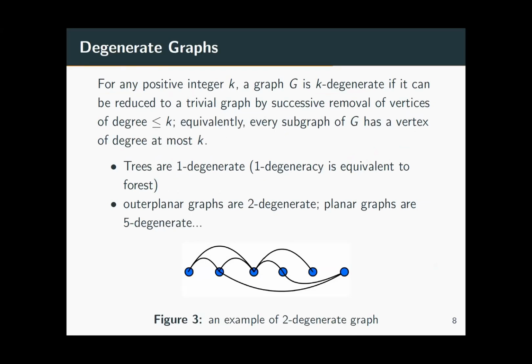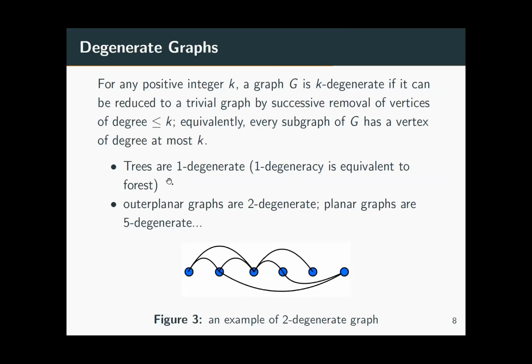For any positive integer k, graph G is k degenerate if it can be reduced to a trivial graph by successive removal of vertices of degree at most k. And equivalently, it can also be defined by every subgraph of G having a vertex of degree at most k.